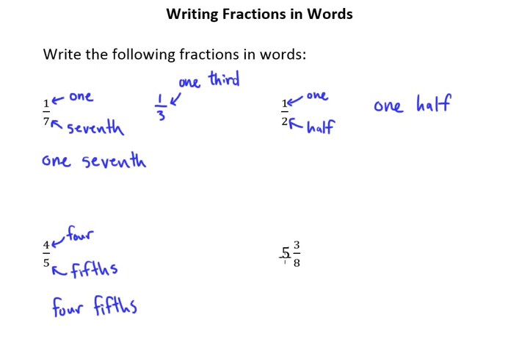And then finally, for a mixed number, the way you're going to do this is you're going to say the whole part, which in this case is 5. And then to separate the whole from the fraction, you need to use the word and. So five and three eighths.